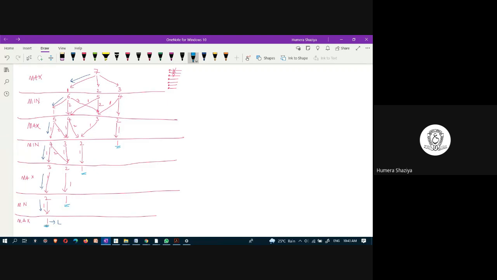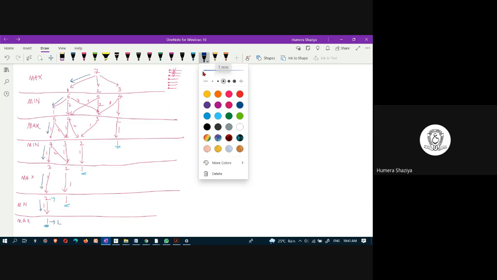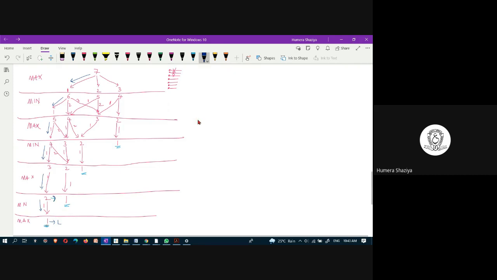Here, this is also L. Why is it L here? It is L here because its successor is L. And what is there for Max?